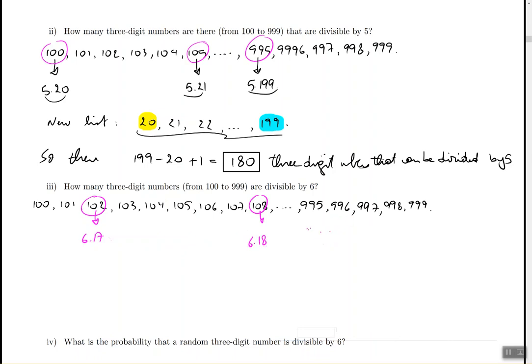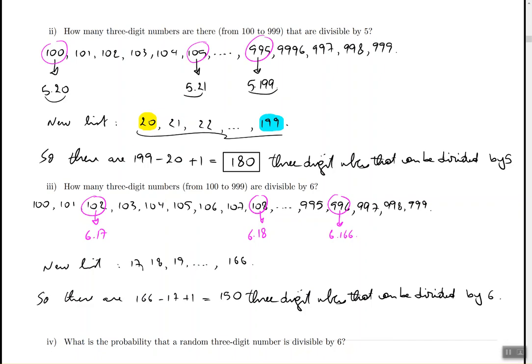The last one that works in this list is 996, and when you divide it by 6, that's 6 times 166. So again, I've taken my old list and made it into a brand new list with these pink numbers. Since they all have 6 in common, I'm going to ignore it. My new list contains 17, 18, 19, all the way to 166. How many are there in this list?